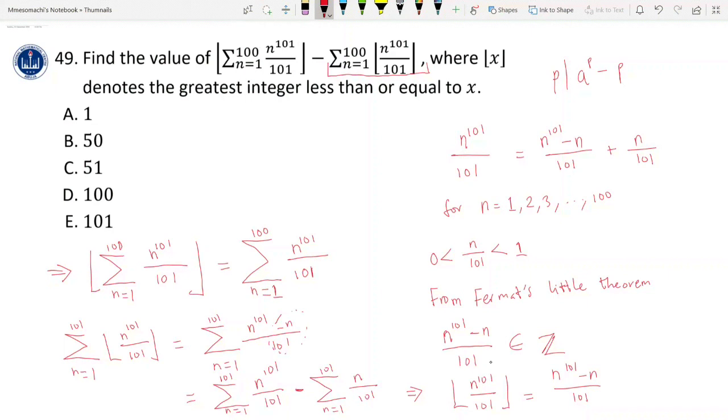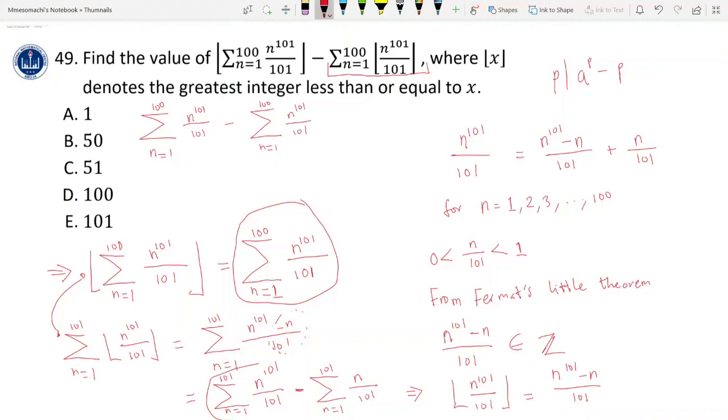So now I want to find the difference between this and this. We have this term common in both of them, so it means we're looking for the sum of n to the power 101 over 101 minus n to the power 101 over 101, and this will become plus, because of the negative, the summation from n equals 1 to 101 of n over 101.